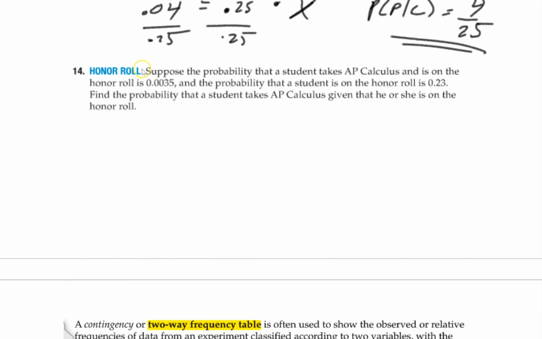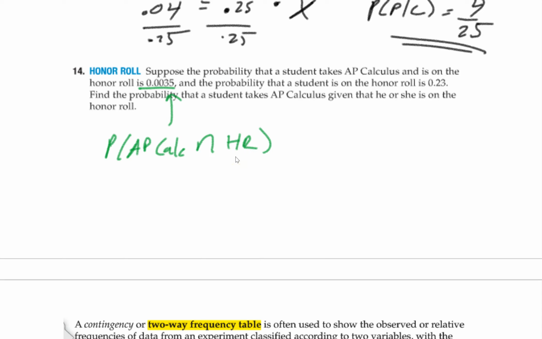This next one. Suppose the probability that a student takes AP calculus and is on the honor roll is this percent right there. So this is saying, hey, you take AP Calc, good class, and you're on the honor roll. That's going to be that right there. You're doing both. The odds you're in both AP Calc and honor roll. That seems really low.